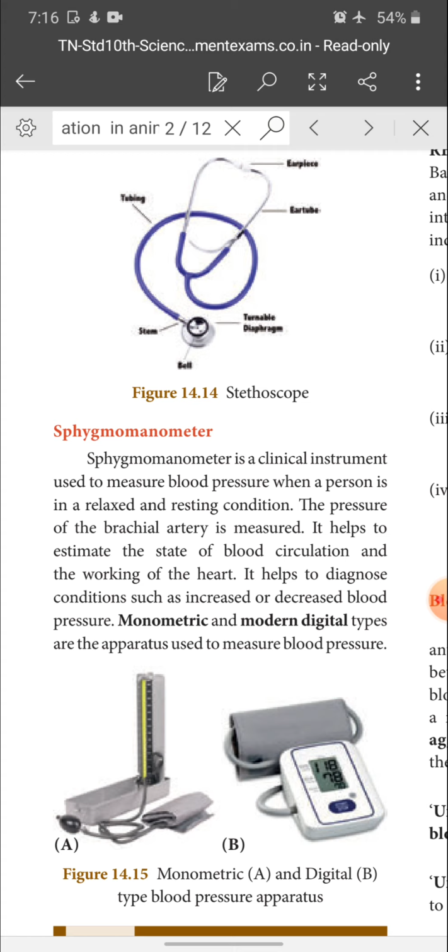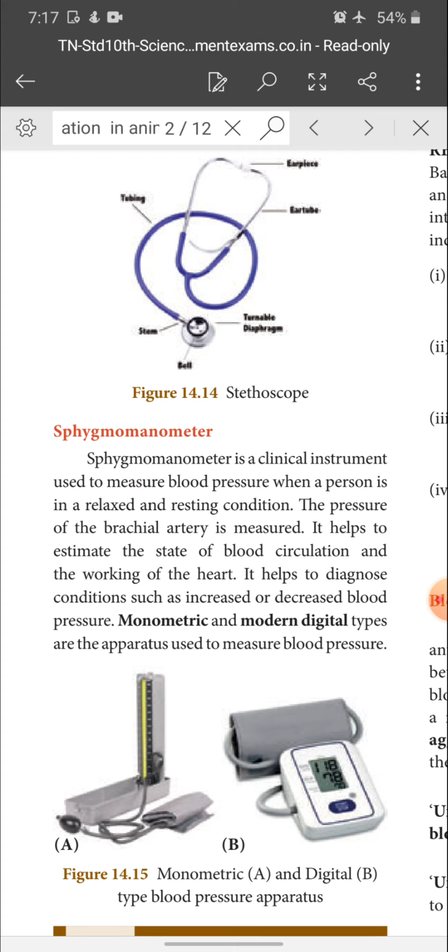The pressure of the brachial artery is measured. It helps to estimate the state of blood circulation and working of the heart. By measuring the blood pressure, what are the things we could know? We could know the circulation of blood, how the circulation is going on inside our body, whether it is going on properly or whether there is any disturbance in that.